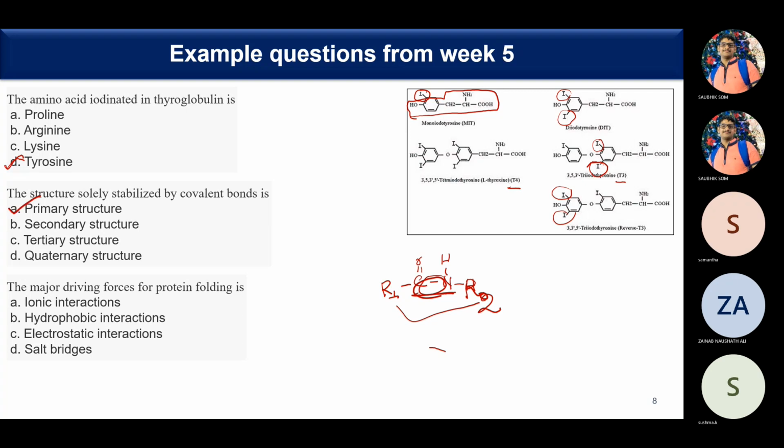The major driving force of protein folding: ionic interactions, hydrophobic interaction, electrostatic interactions, salt bridge.